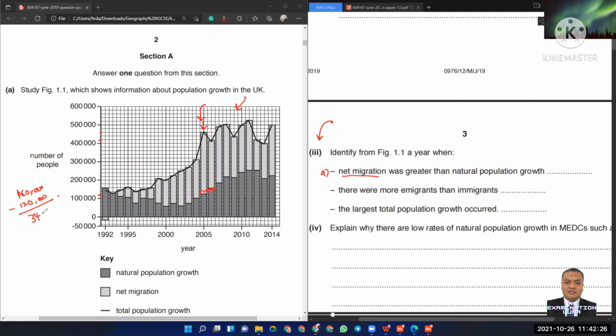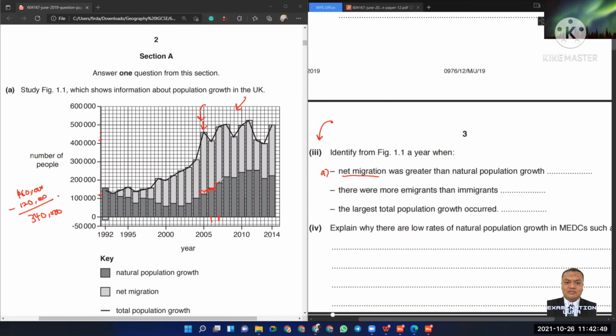Okay, tapi katalah you tak confident dengan benda ni, somehow you tak boleh gunakan mata kasar, you kena bandingkan dengan tempat lain pula. So let's say you tengok tahun somewhere around 2006, 2007 ini, 2007 nampak besar sikit. So 2007 kita tengok dia punya natural population growth adalah somewhere around 180,000.